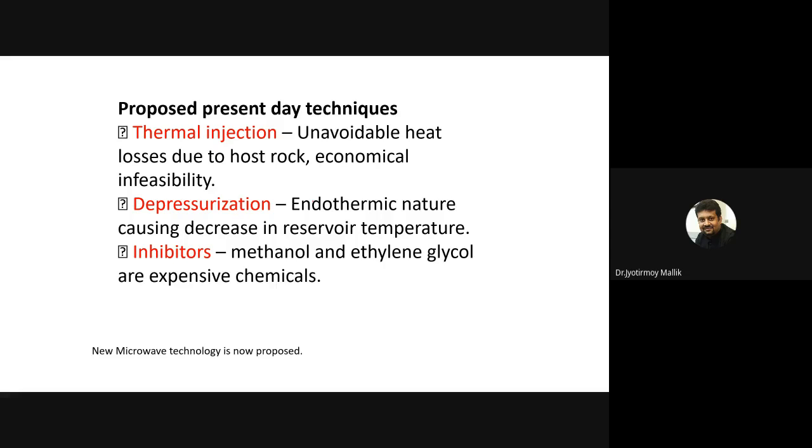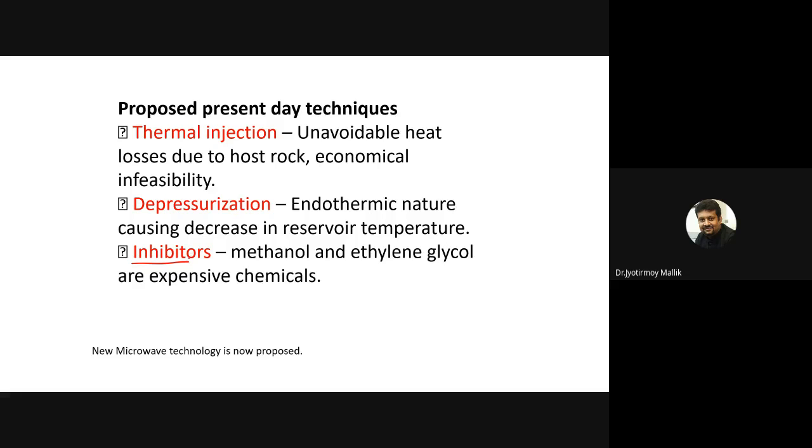Then depressurization: you take the clathrate out and depressurize it, the pressure is released, and that would release the methane. But the challenge is the endothermic nature, causing a decrease in reservoir temperature. So if you depressurize, the temperature will also decrease, which again increases the stability of the hydrate.